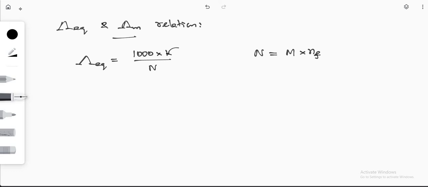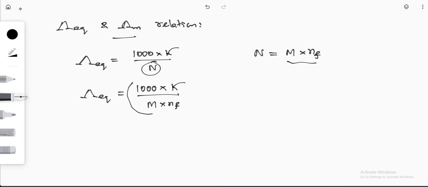So if I replace normality by this, I get equivalent conductivity equal to 1000 into kappa by molarity into n factor. And 1000 kappa by molarity is nothing but molar conductance.